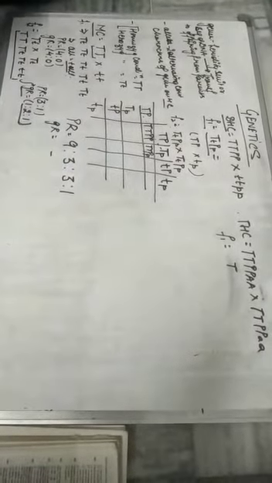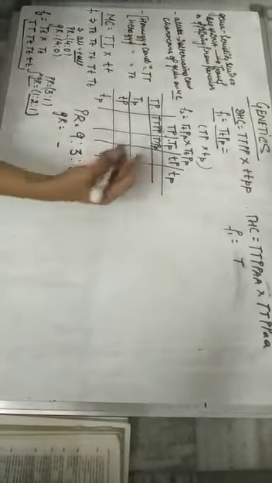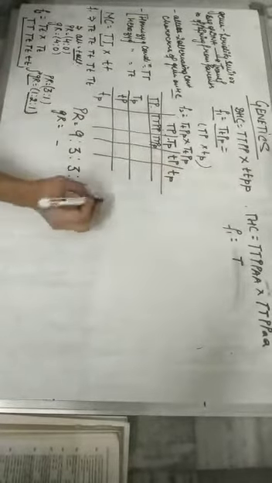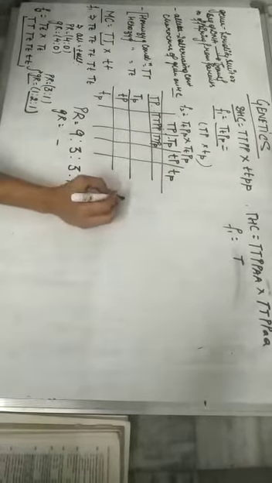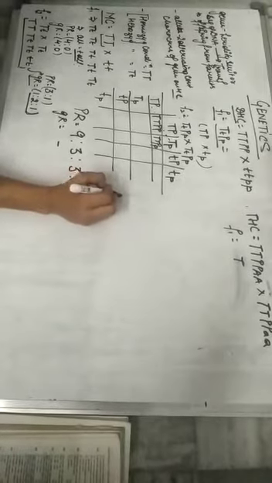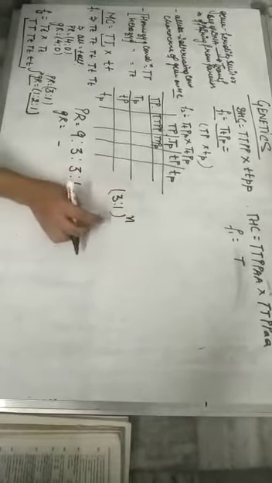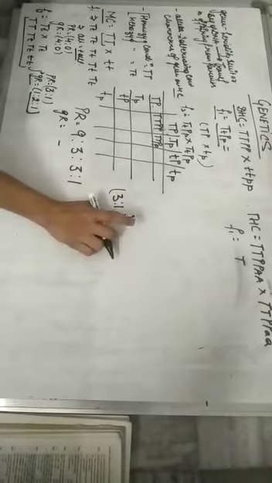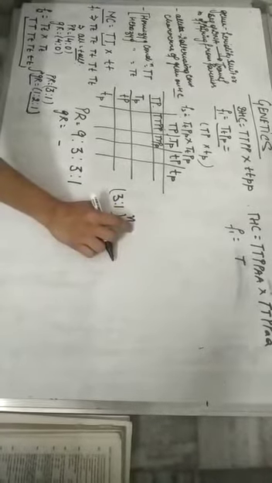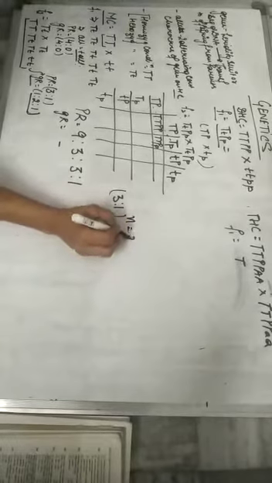Now let us come to the main formula, or a trick, which will help in getting the phenotypic ratio without making the Punnett square of a trihybrid cross or of a dihybrid cross. The formula is (3:1) raised to the power n, where n is the number of traits; for example, in a dihybrid cross n will be 2.